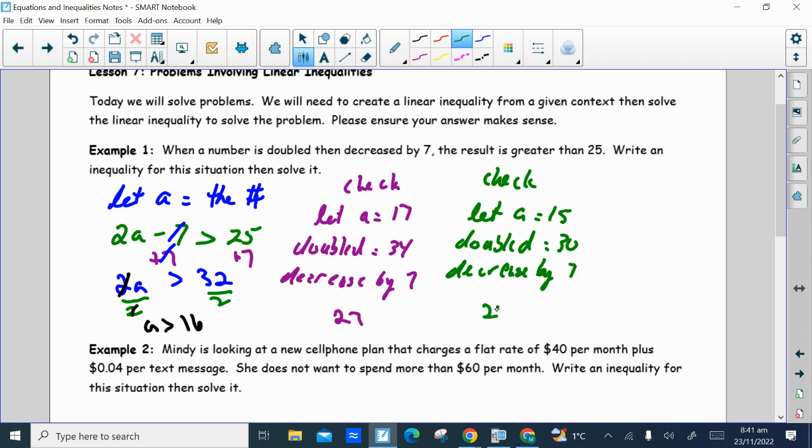That'll be 23. And that's not greater than 25. So this shows that our inequality, our solution is correct. A number greater than 16 worked, but a number less than 16 didn't.